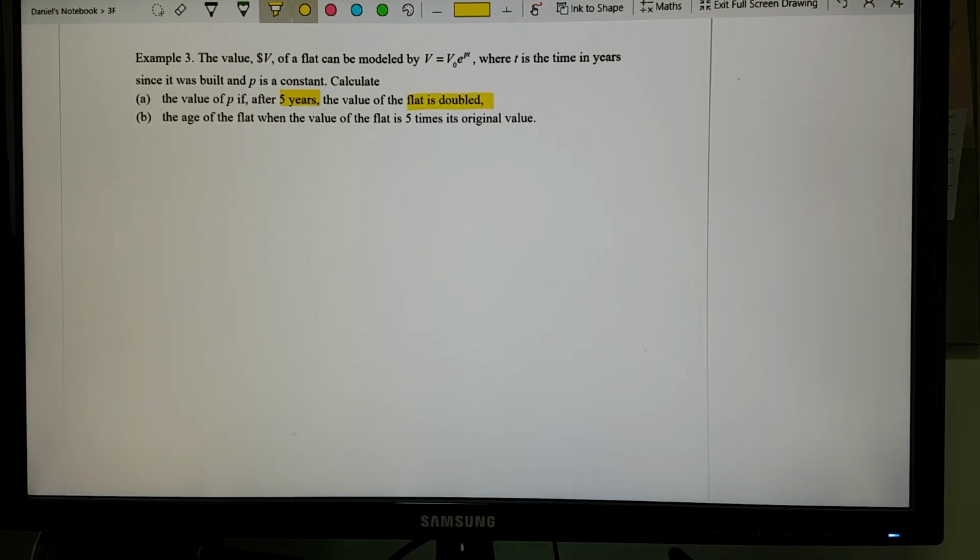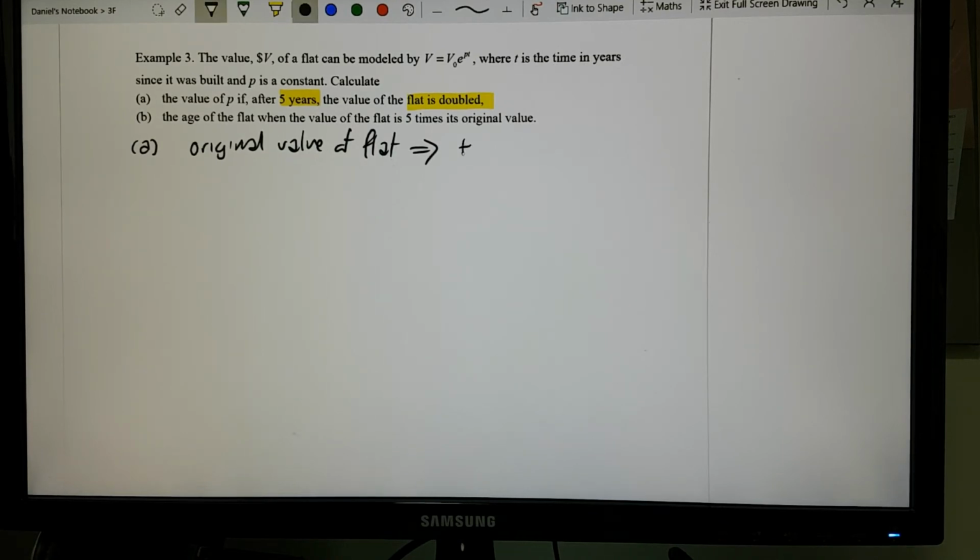What do you mean by the value of the flat? It means the original value of the flat. First, I must know what's the original value of the flat. If you do not know, then you do this. The original value of the flat, I know it's actually V0 because it's always the initial, the original value.